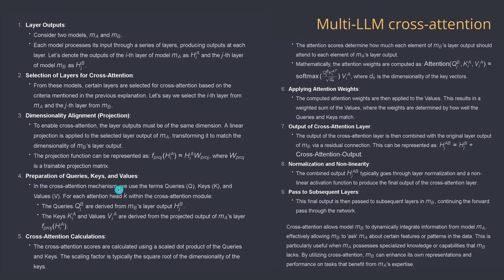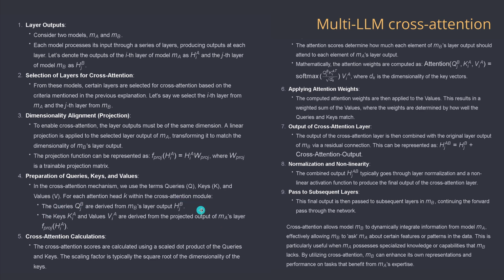So for each attention head, if we go for multi-head attention, let's look at a single attention head with a cross-attention module. You have the queries from the model B. Remember, this is our anchor model, and this is the layer representation of a specific layer in our anchor model. And for the cross reference, you have the keys and the values from model A, from our augmenting model. And this is nothing else than the projection layers.